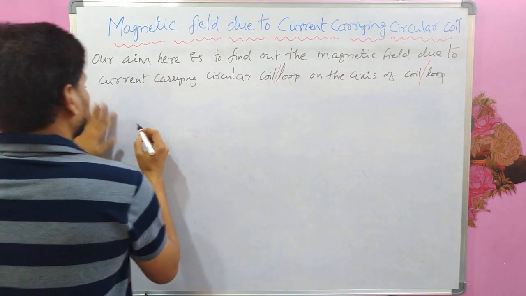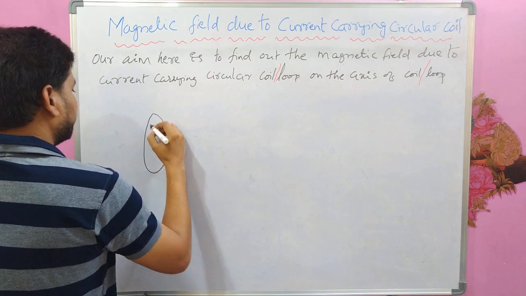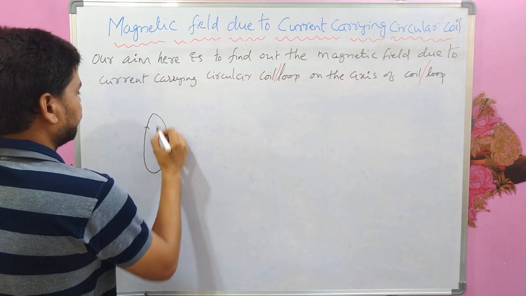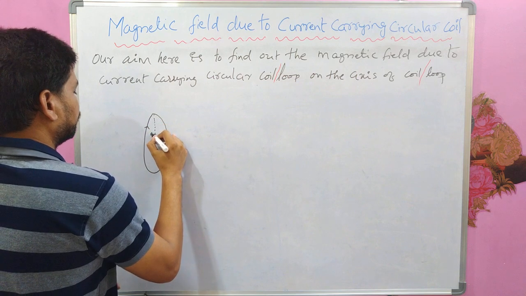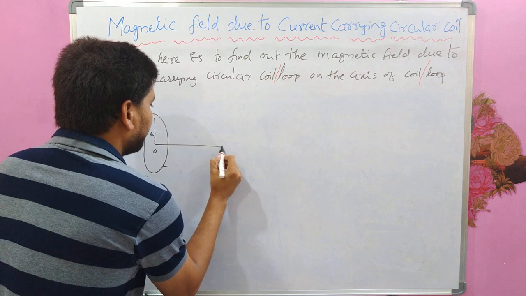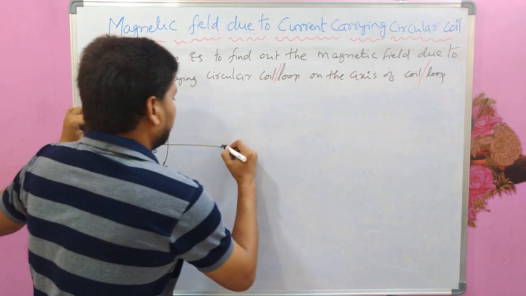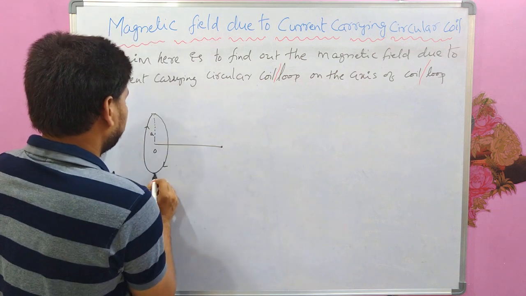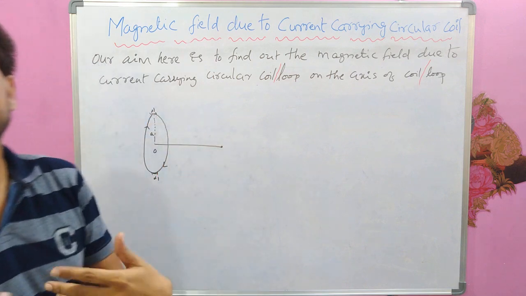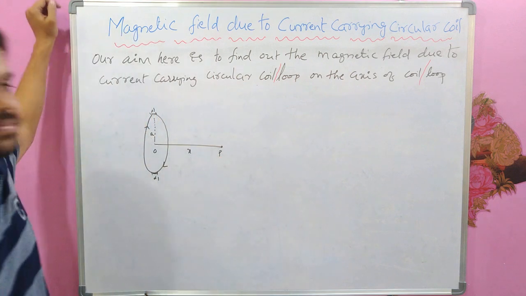For example, consider a circular coil as we have taken in this example, and this is the center whose radius is A, and the magnetic field at point P we have noted down. Due to this element and this element we have considered dl and dl, and then we have integrated to find the total magnetic field at this point P at a distance of x.